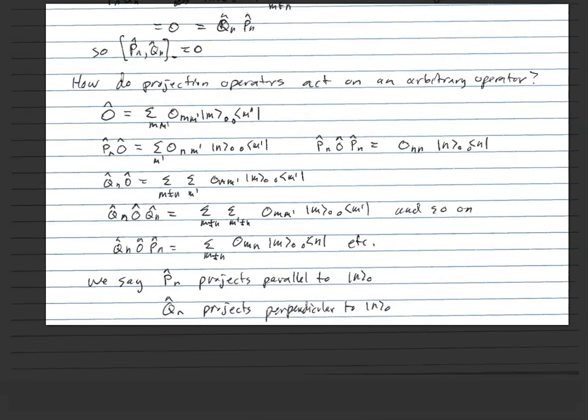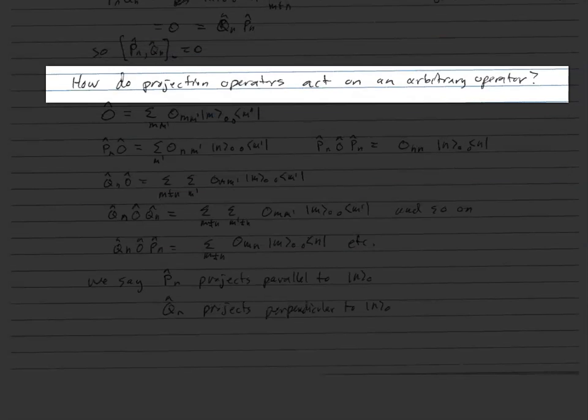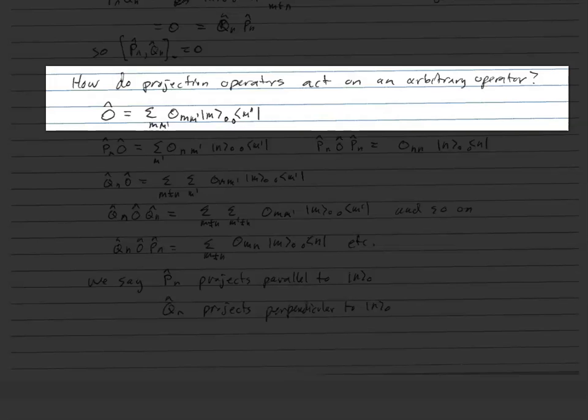Now, how do the projection operators act on operators? We just showed you how they interact with themselves, but how do they interact with operators? So a general operator I can write, if I have an eigenbasis and the set of m sub 0 is an eigenbasis, as again a similar Ket-Bra product, but that Ket-Bra product has a different index for the Ket and for the Bra. And then I bring in a set of numbers, O_{m,m'}.